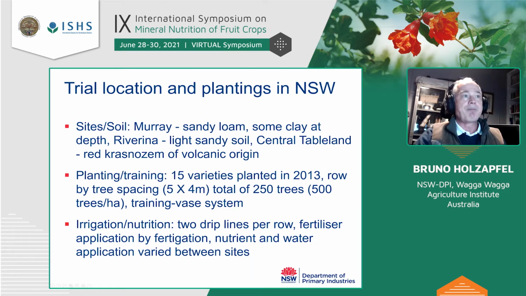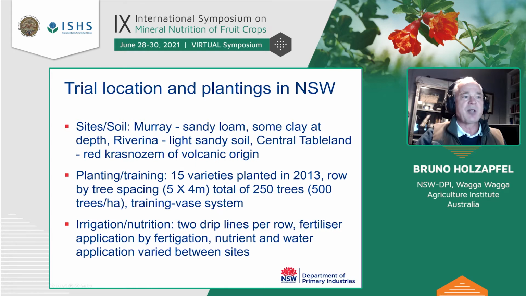So the 3 locations vary, of course, not only in the climate, but also in the soil. We have sandy, lighter soils in the Murray and the Riverina, and we have soils of volcanic origin in the central tablelands. As I mentioned, there are 15 varieties. They were planted in 2013, with a row spacing and tree spacing of 5 by 4 meters, which relates to 500 trees eventually per hectare.